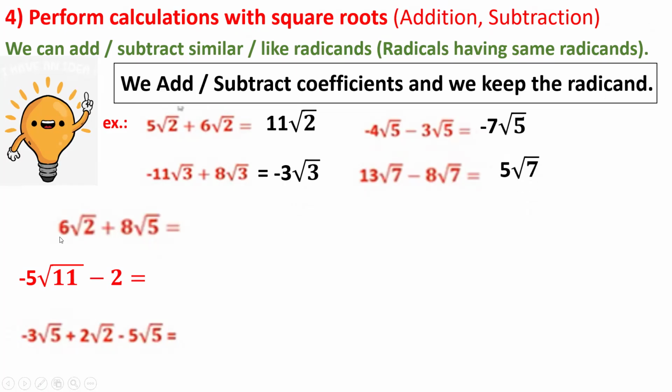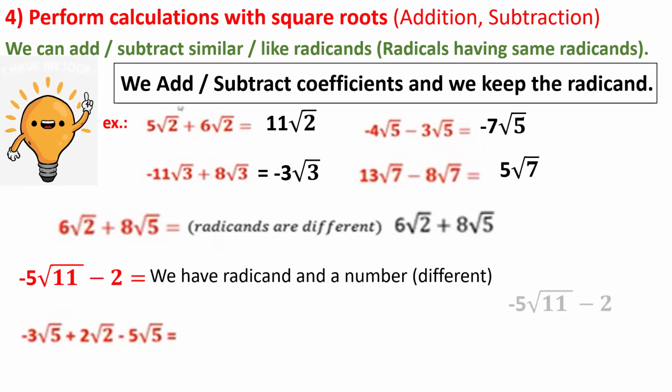Now if I look at 6 radical 2 plus 8 radical 5, do I have the same radicands? No, so the answer stays as it is, 6 radical 2 plus 8 radical 5, since I cannot add different radicands. The same with minus 5 radical 11 minus 2. I keep it as it is. Now I have negative 3 radical 5 plus 2 radical 2 minus 5 radical 5.